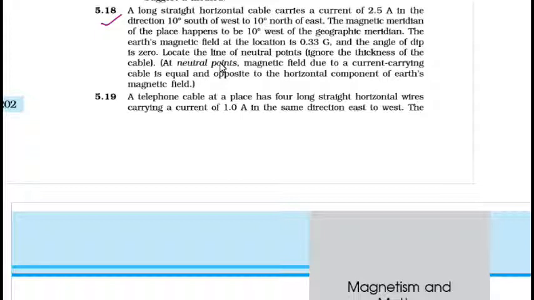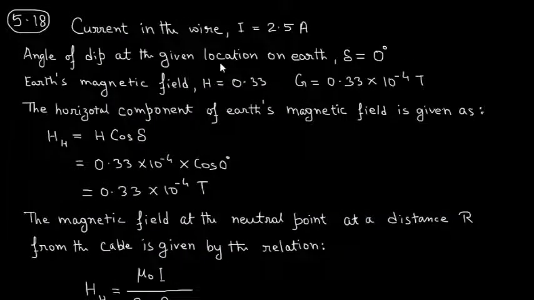Let us see the solution. (5.18) Current in the wire I is equal to 2.5 ampere. Angle of dip at the given location on Earth, delta is equal to 0 degree.